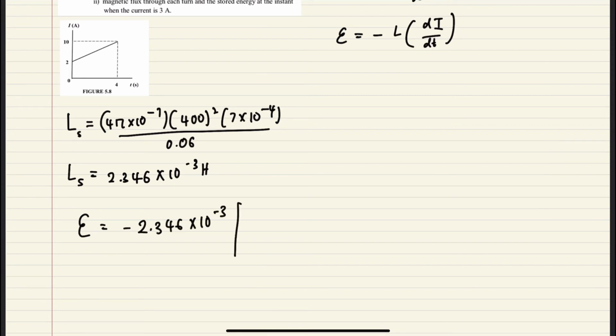Okay, di dt would be I final minus I initial divided by T final minus T initial. So final is after 4 seconds, initial is 0 second. So this minus this, that point minus that point. So you can do 10 minus 2 divided by 4 minus 0.